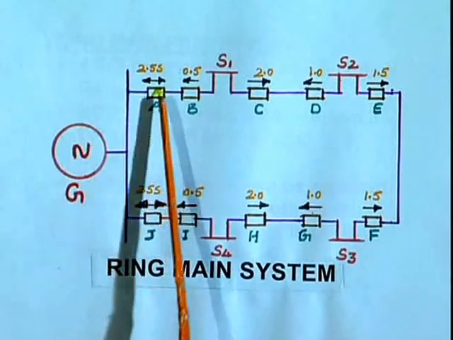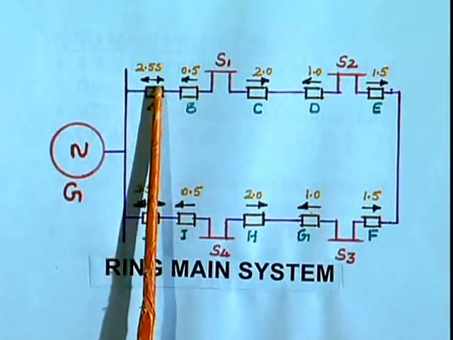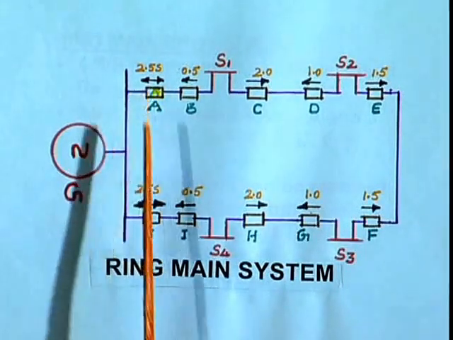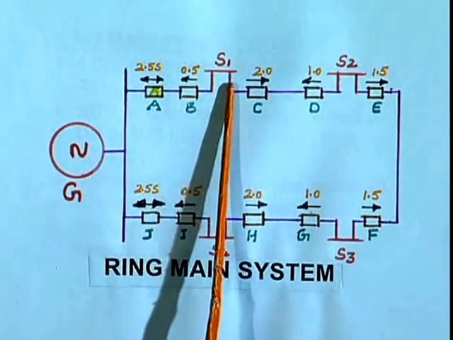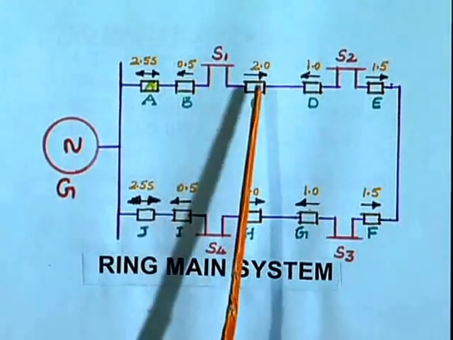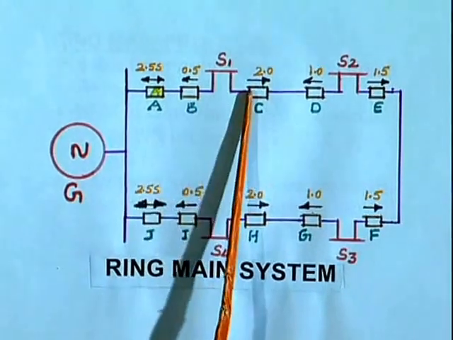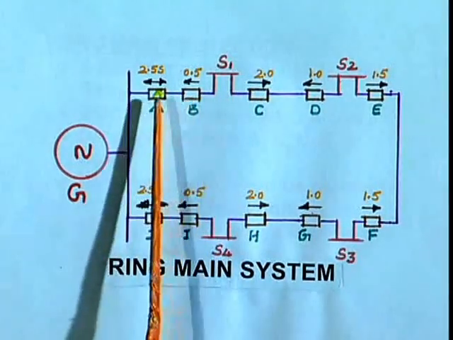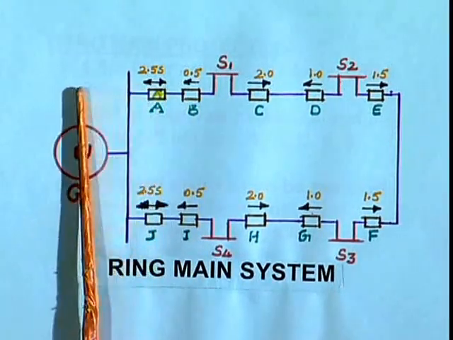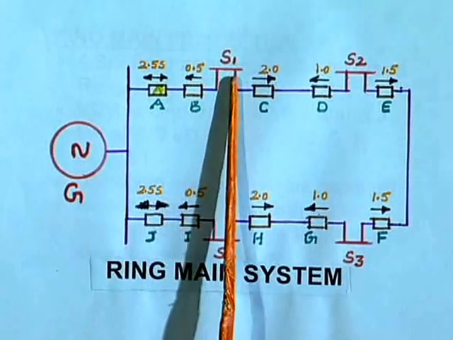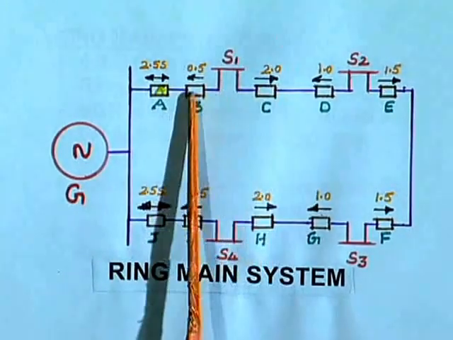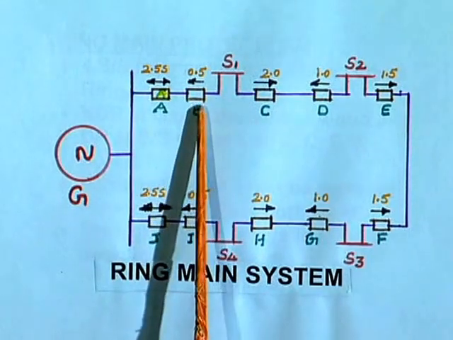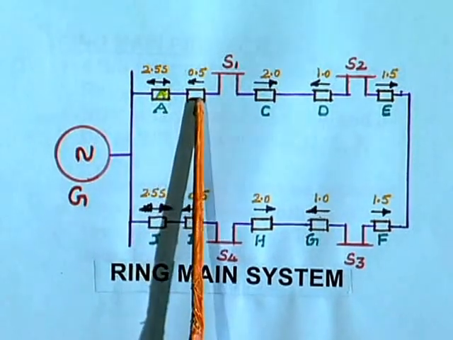At the source end, you will have a non-directional relay; the arrow mark is shown in either direction, therefore these are the non-directional relays. At the incoming and outgoing ends of each substation, you will have directional characteristic relays. Each relay has a time delay of 0.5 second.